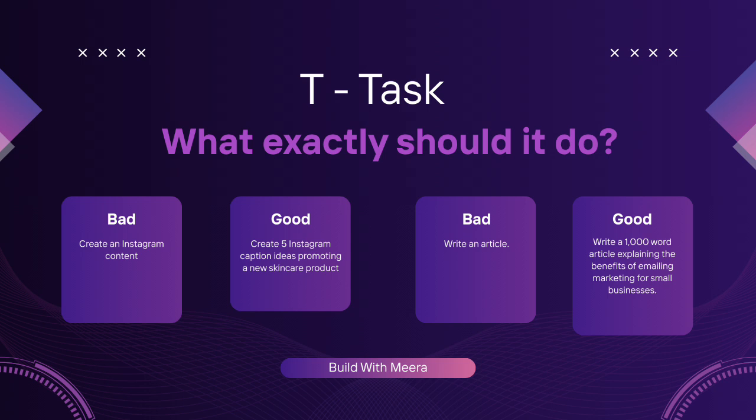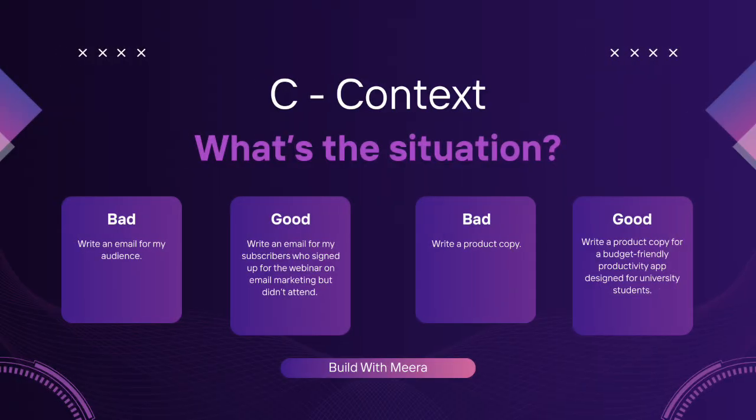It is clearly saying write a 1,000-word article that is targeted at small business owners. And then what is it going to do? It's going to educate them on email marketing. You understand? So specific task equals focused output. Always remember this. And let's move on to context.